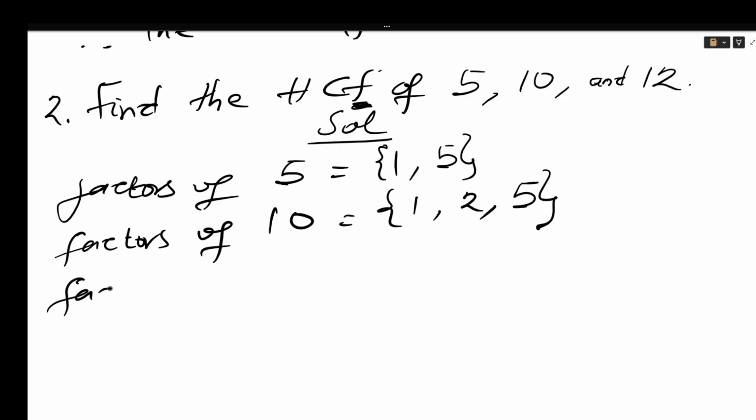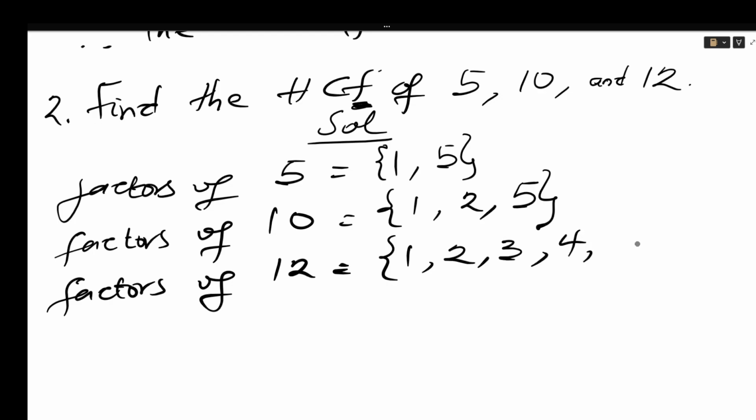Then the factors of the last number, that is 12, right? So we have 1, 2, 3, 4, 6, 12. These are the factors of 12. And that is our first step, to list the factors of the given numbers.